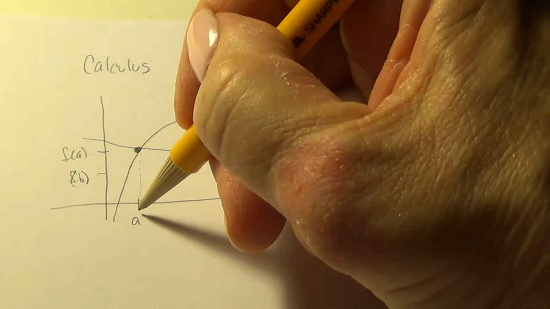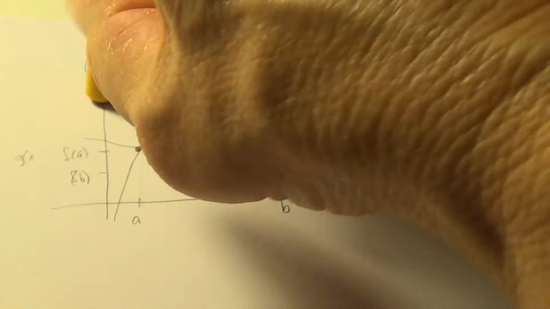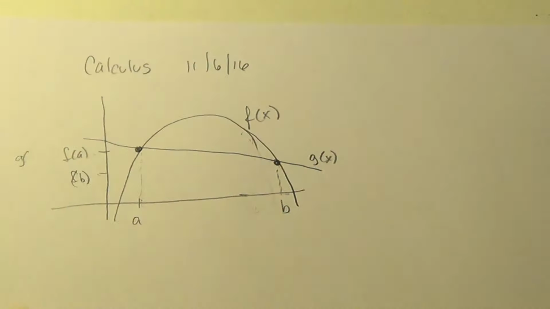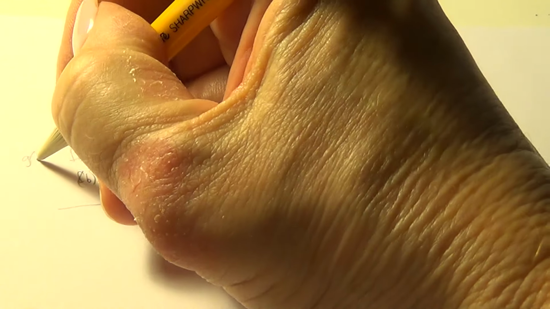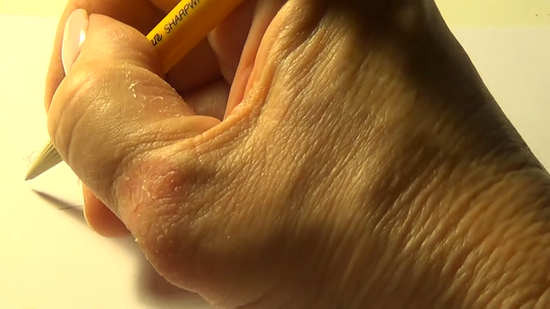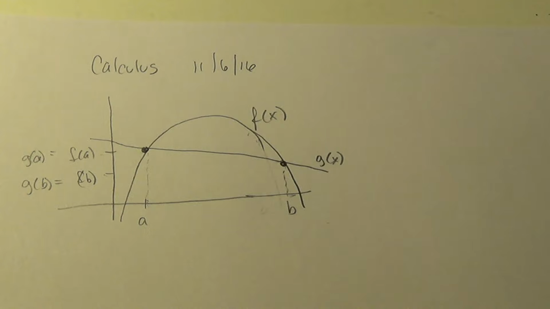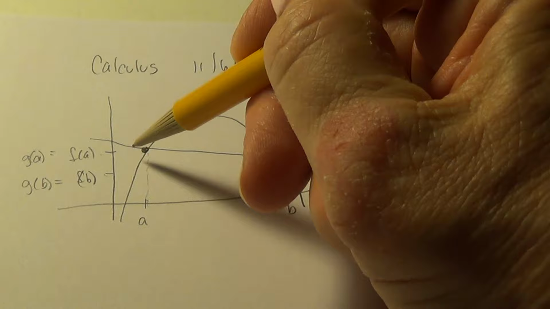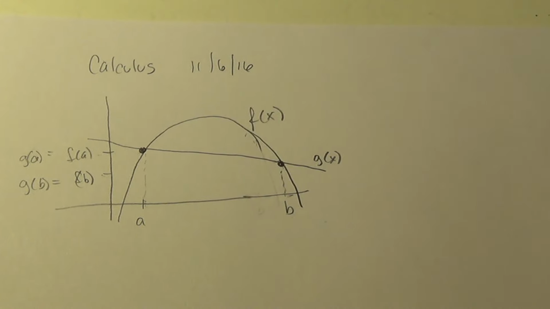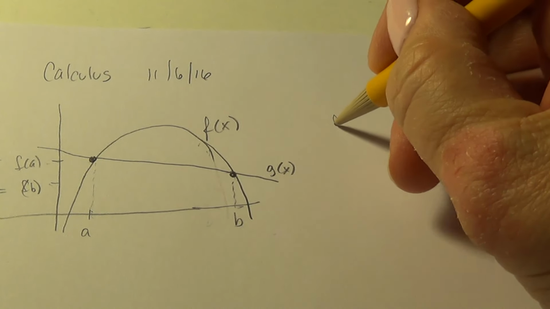So now g of A will be at the same spot as f of A was, and g of B is at the same spot as f of B. So I'll indicate that they're equal because they intersect at the same point. I'll also write that over here just to make it abundantly clear and usable in a minute.